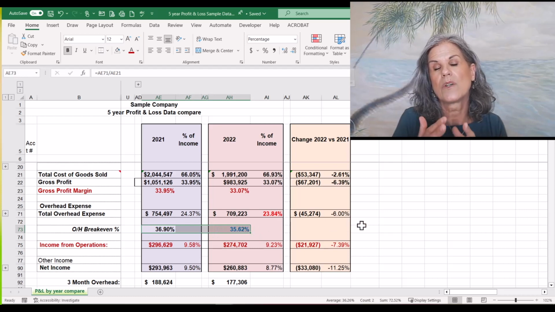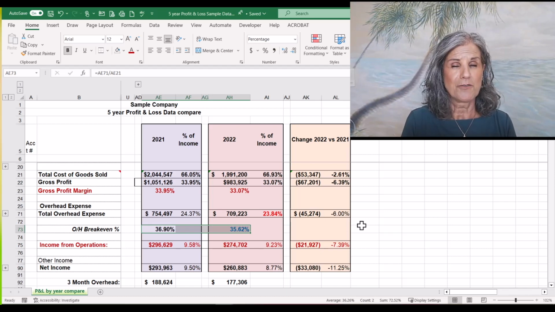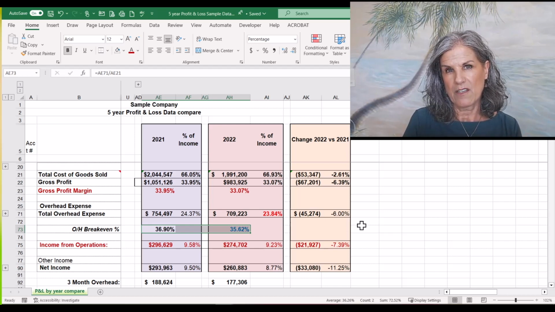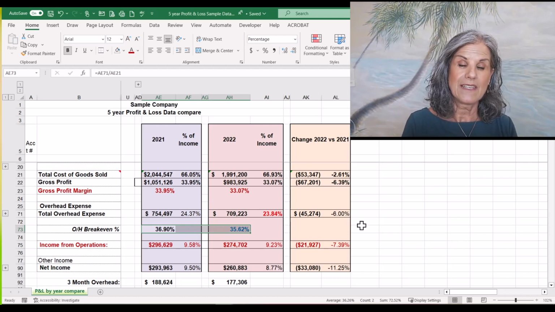So you might go, what's an appropriate overhead break-even percentage? It kind of depends on, are you a general, are you a sub, what's the volume you're doing, and so on and so forth. So that's why I say, look at your data, compare it, and see what it looks like for you so that you can determine, is it going up or is it going down?